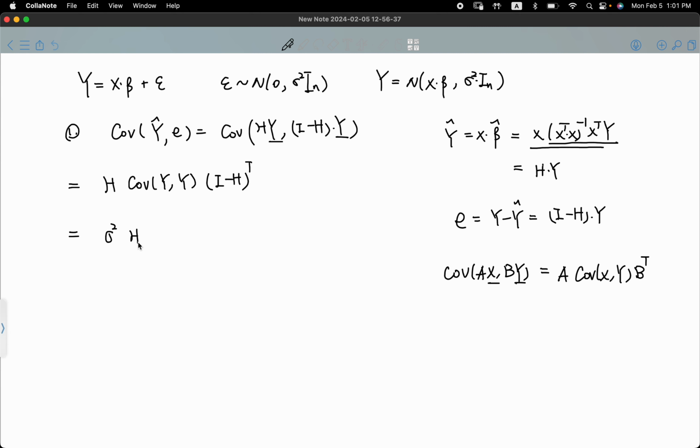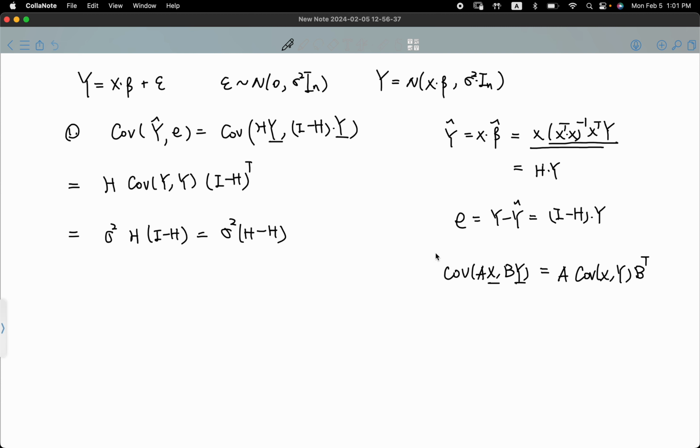Previously, we mentioned that H and I minus H are symmetric and idempotent, so the transpose here can be cancelled out.